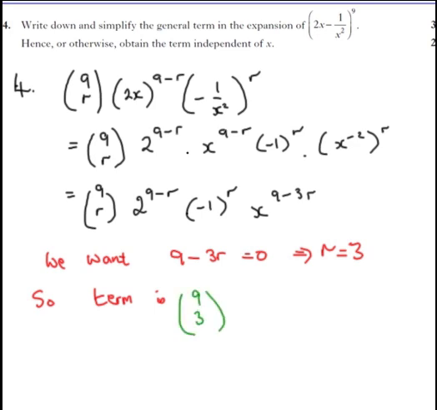So that's 9 choose 3 times 2 to the 9 minus 3, which is 2 to the power 6, times minus 1 to the power of 3.